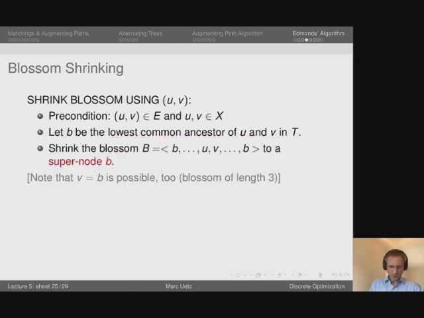Then we shrink the corresponding blossom B, the cycle that now contains this newly added edge from U to V. That was the edge closing the cycle, and it is now contracted to this supernode B, and we just continue in this iteration of the algorithm to work with this smaller graph, which contains the shrunk blossom and fewer edges and fewer vertices as well.